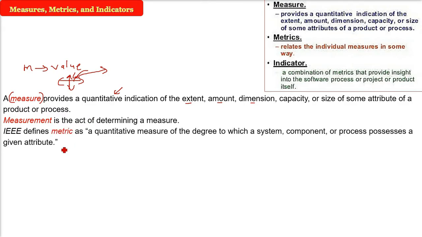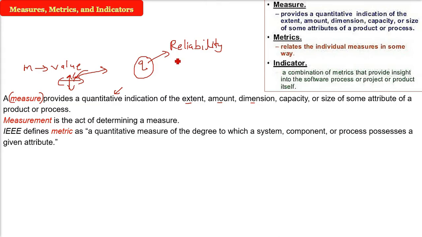What is a metric? Now IEEE gave a very good definition for metric. A metric is a quantitative measure of the degree. So here degree has come. A quantitative measure of the degree to which a system or a component or a process possesses a certain attribute. For example, take the example of reliability. Now this is an attribute of any product or software.